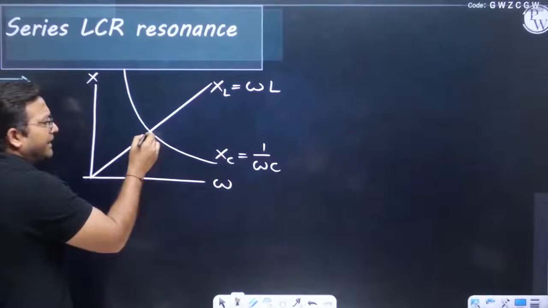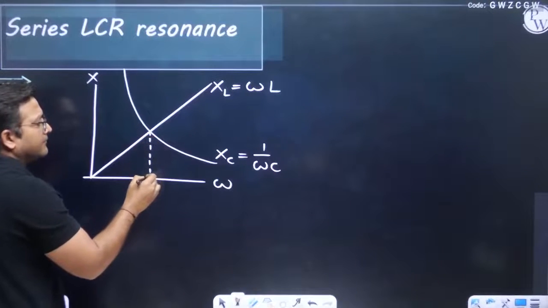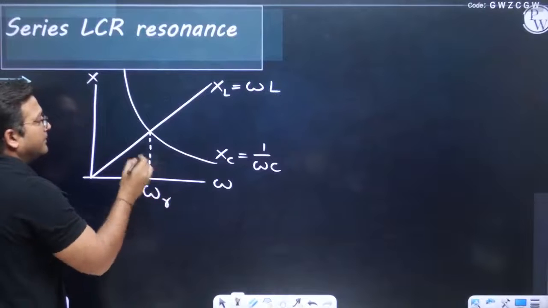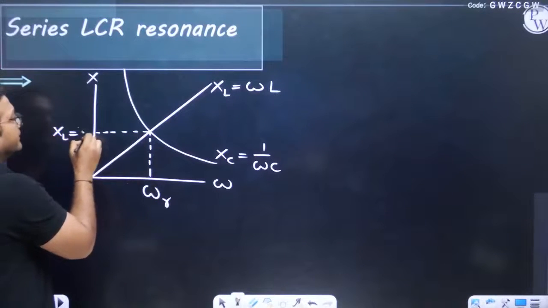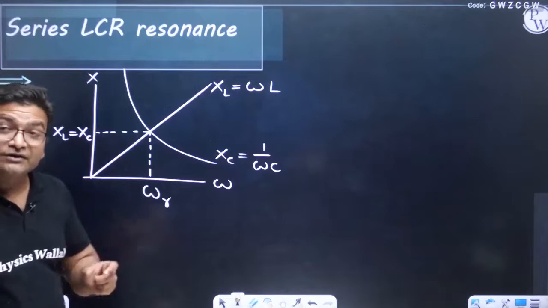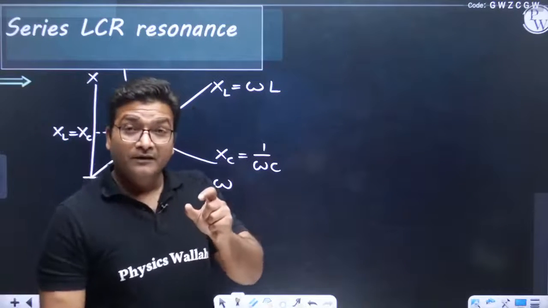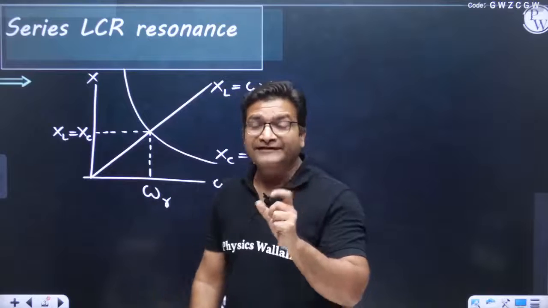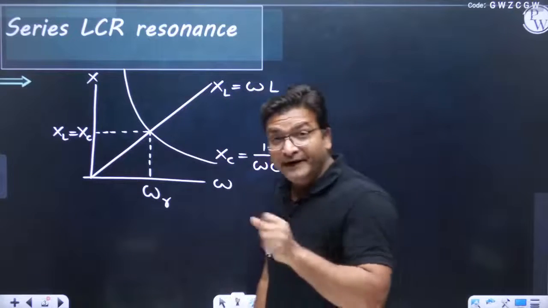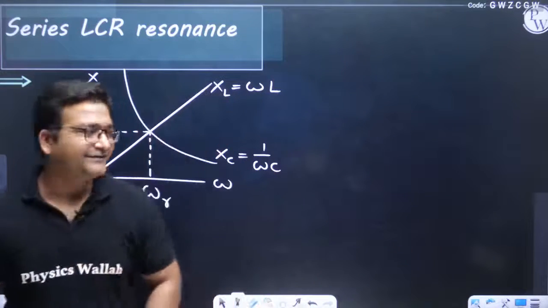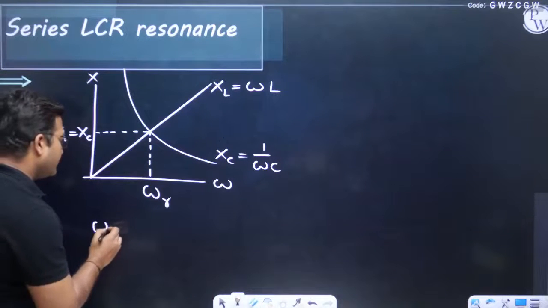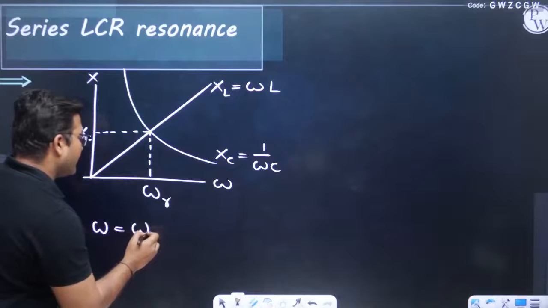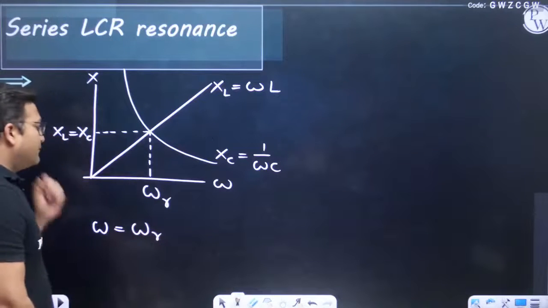And can you see at this frequency, call it omega R, they both are equal. XL equals XC. And this is the condition where we get resonance. Here the impedance is minimum and the current is maximum. Also notice, when omega is equal to omega R, we have XL equal to XC.